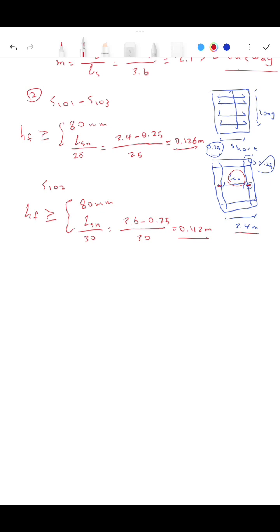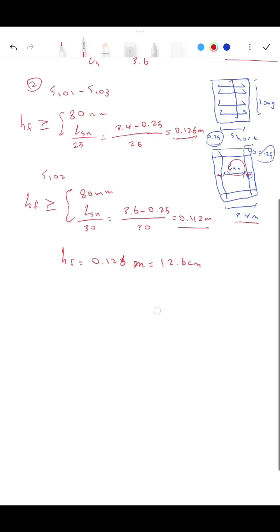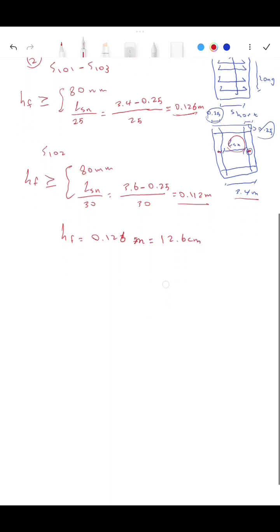Also, we will take the closest bigger number. So HF equals 0.126 meter, which equals 12.6 centimeter. We won't consider it as 12.6 centimeter, we will use 13 centimeter.